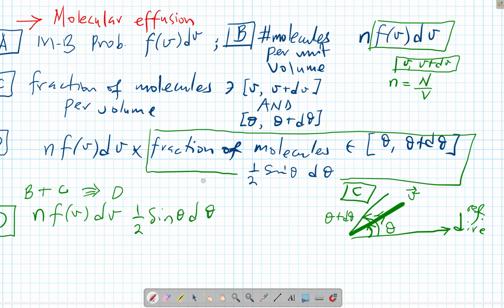So this is the number of molecules per unit volume moving with speed between v and v plus dv, and moving with direction within theta and theta plus d theta. Okay. Point E, we go to the next page. I think it's better.